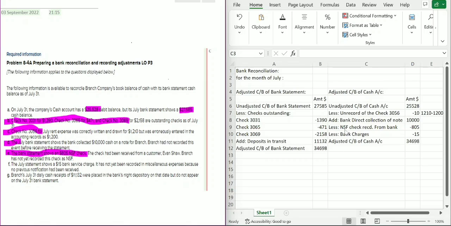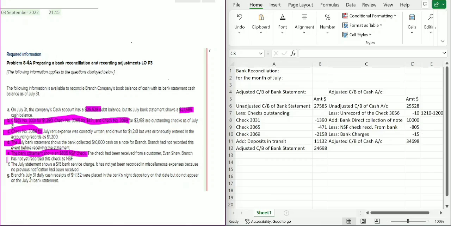We reduce the amount: less NSF check received from bank, $805. The bank statement already reduced that. Because we are able to know this event only at receipt of the bank statement, we reduce our cash account by the NSF check amount, that is $805.